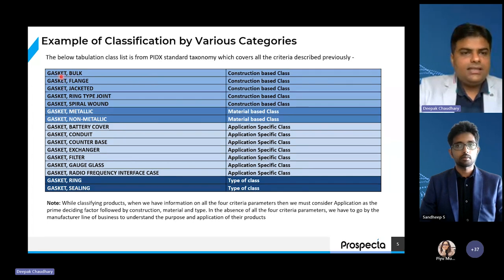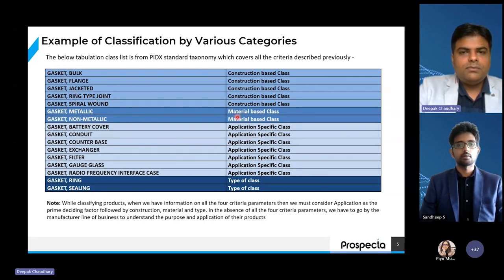So if you see here, these are the different taxonomy classes listed based on different criteria. The first five you can see here are based on the construction, so whether the gasket is jacketed, flanged, or spiral bound. These are a few examples of the construction-based classification that you can do.